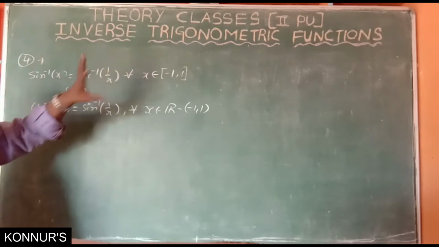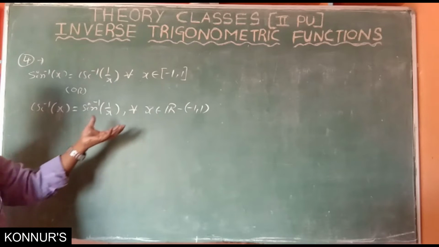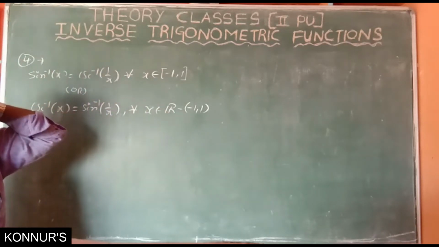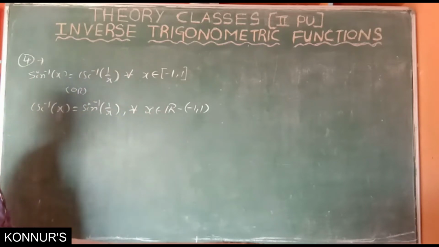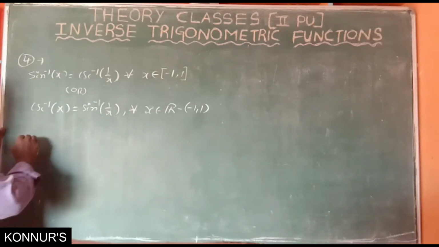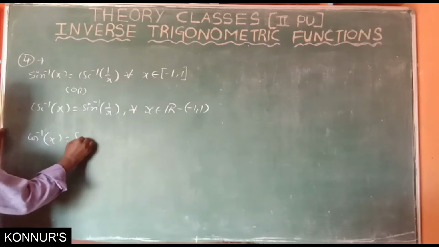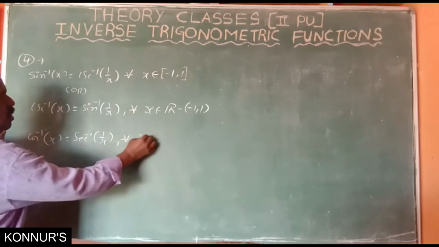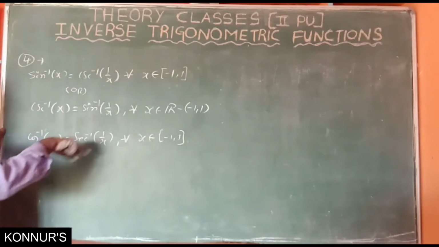Whereas cosecant inverse is defined in the interval R minus the interval minus 1 comma 1. Already I taught this concept. Similarly, it is one set. Cos inverse of x is equal to secant inverse of 1 by x. Here also x belongs to minus 1 comma 1. Cos is related with minus 1 comma 1.